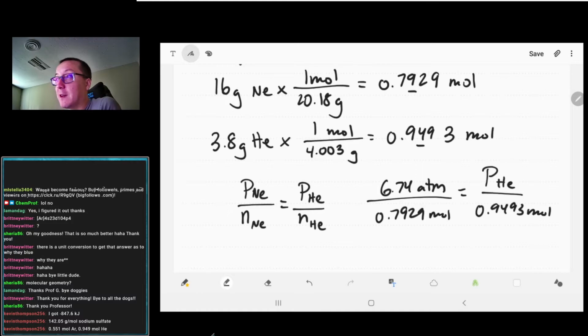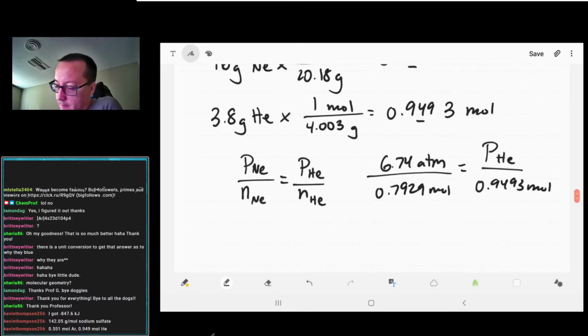Because the identity of a gas does not matter when we're using the ideal gas law like this, we can just say, if this amount of moles gives this much pressure, then this amount of moles must give the other pressure. So it's just a proportion problem. Let's solve for it: 6.74 times 0.9493 divided by 0.7929. We get the partial pressure of helium to be 8.0, actually let's say 8.1 atmospheres with 2 sig figs.